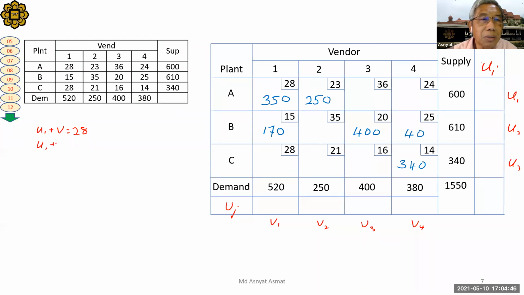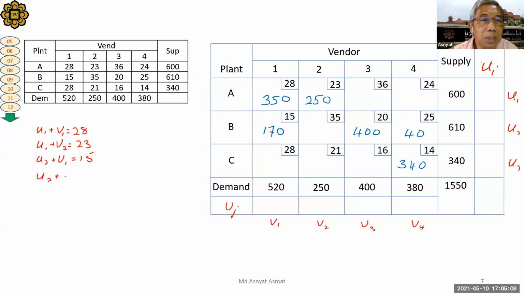U1 plus V2 equals 23. U2 plus V1 equals 15.